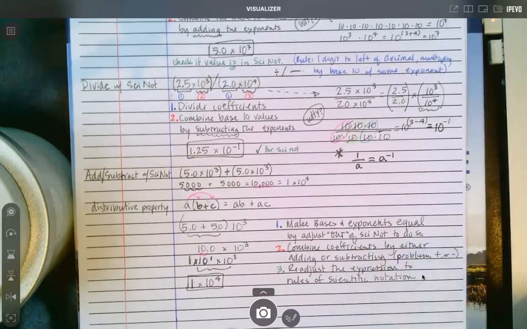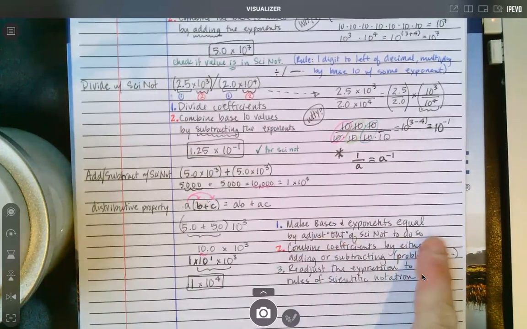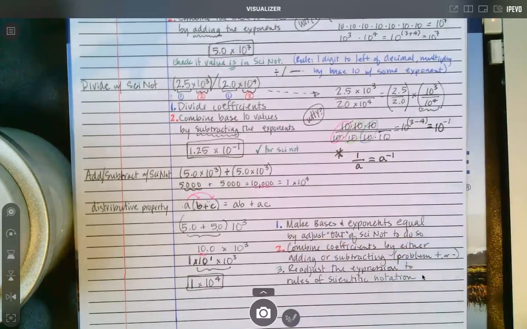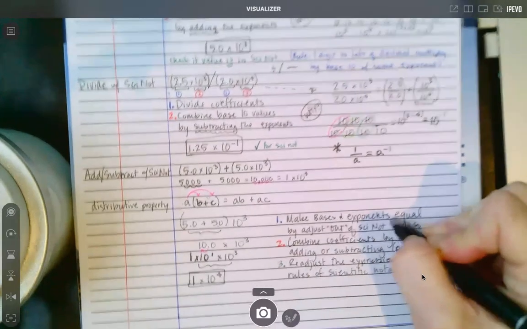Okay, so these are our rules here. One, we got to make the bases and the exponents equal by adjusting out of scientific notation, if necessary.